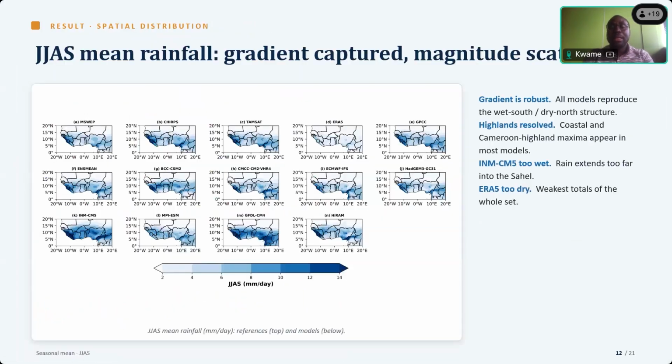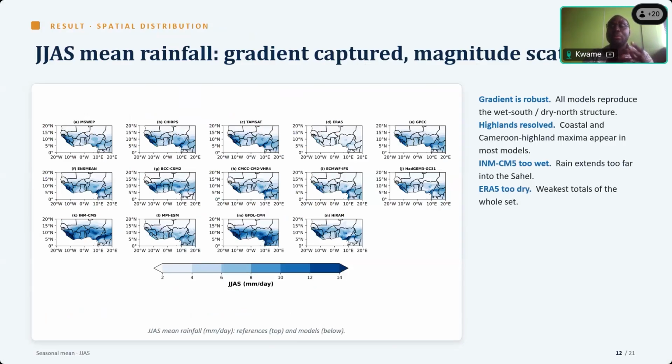Then we looked at the monsoon season, how models are able to capture the spatial distribution of this monsoon season. So the monsoon season was defined as the season from June to September within a steady period. The picture was clear over here. The gradient is robust.